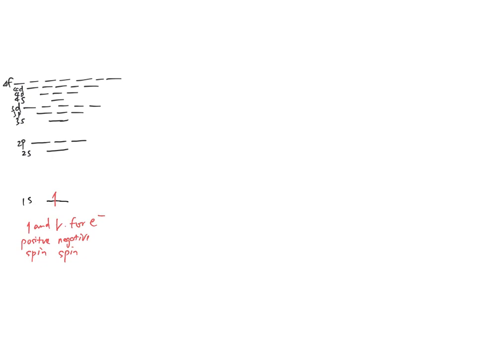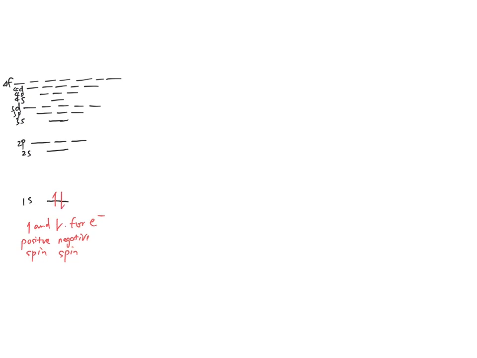The only thing is that the next electron you put on the same orbital is going to have to be a negative spin. Otherwise you're going against the Pauli exclusion principle.